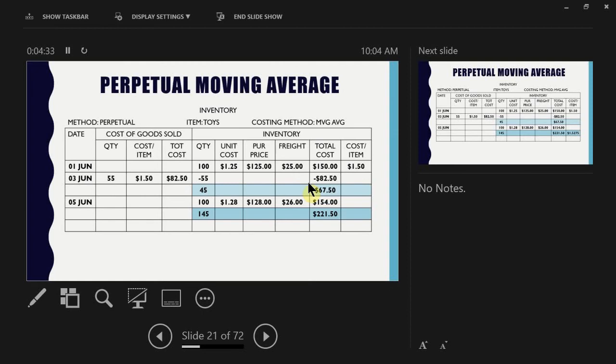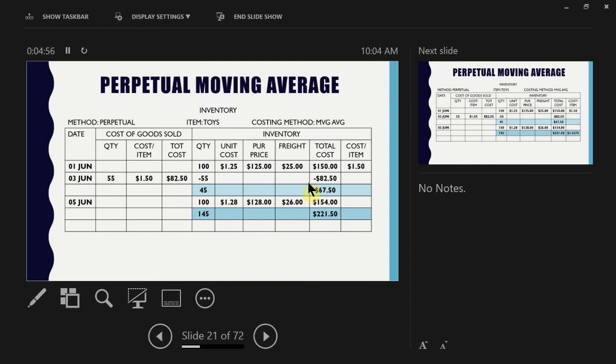We know the cost of my 45 was $67.50, and my new batch cost me $154. Adding them together, I got a grand total of 145 items and a grand total of $221.50.